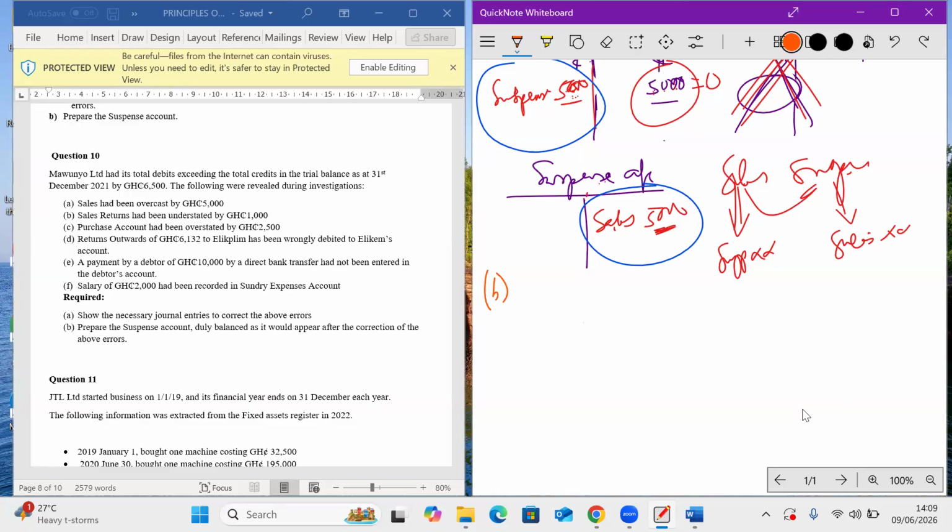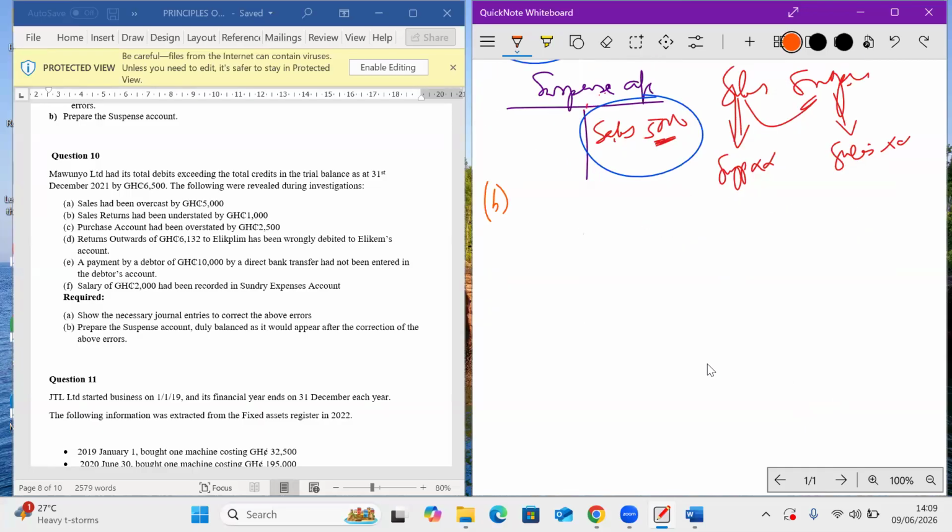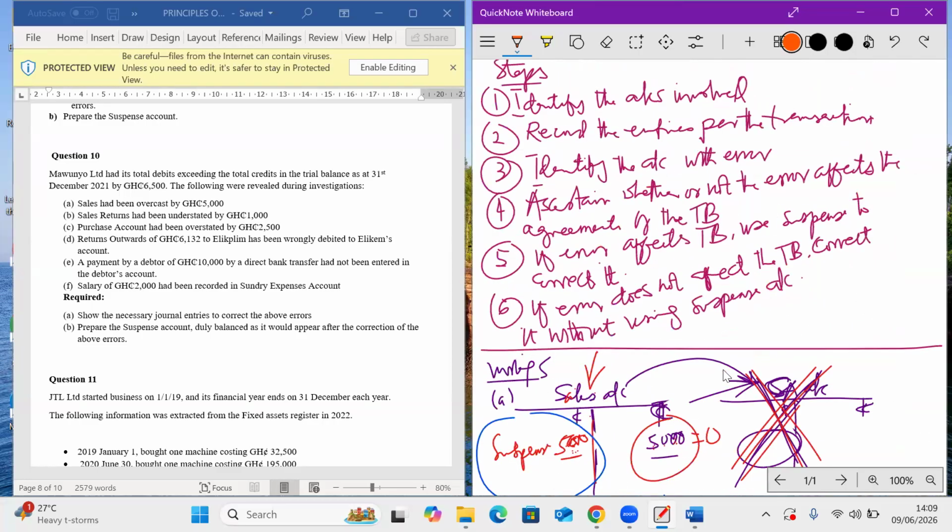Yes. Pay attention. So let's go. Okay. So what's the first step? Identify accounts involved.